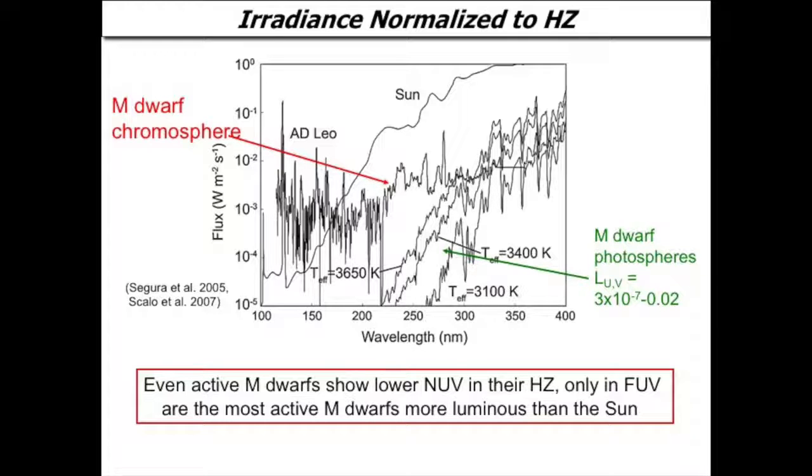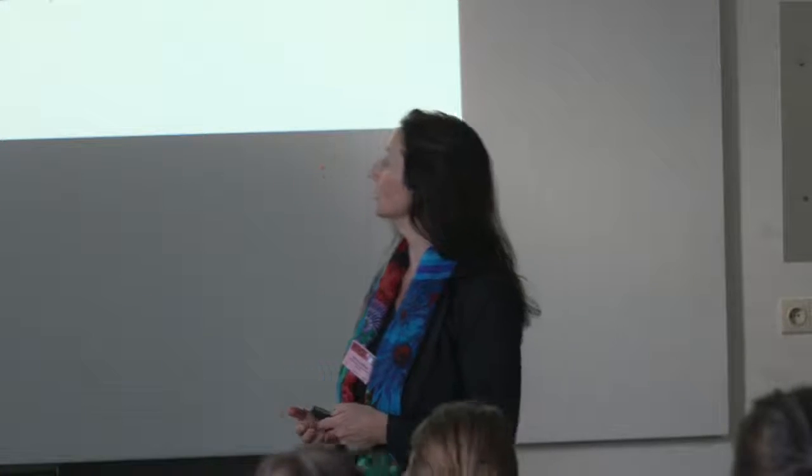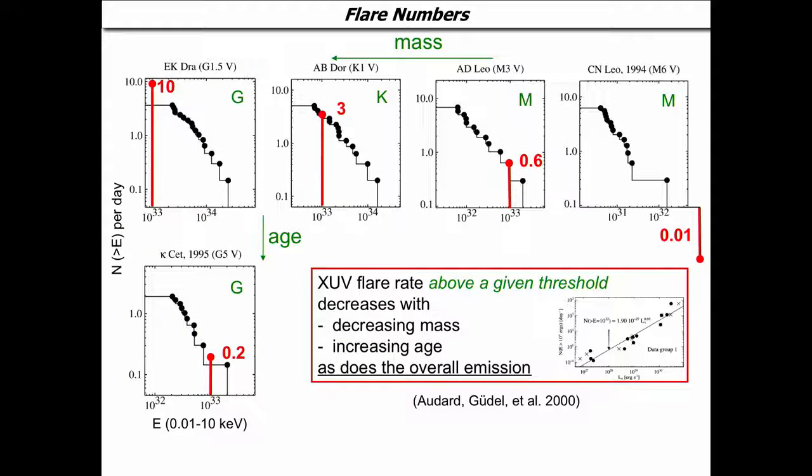In terms of flare numbers, flares are important triggers or important effects to consider when talking about habitability. If we have a look at the flare rates comparing solar type stars, again Iota Horologii, a very young solar type star, Beta Hydri, a little less active, ED Leo, CN Leo, going towards M-dwarfs, Kappa 1 Ceti with increasing age.